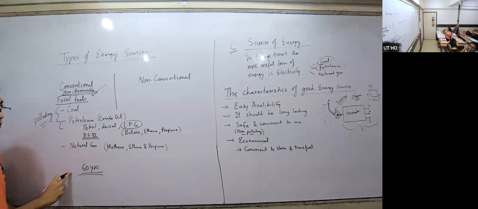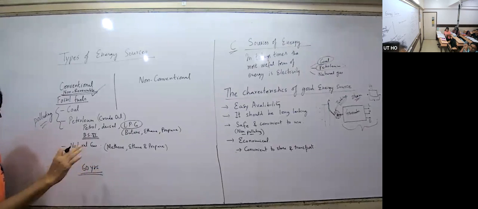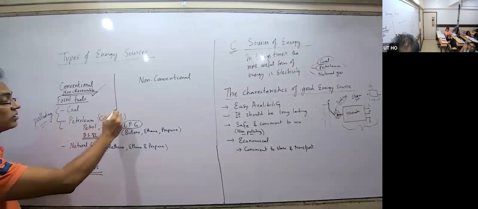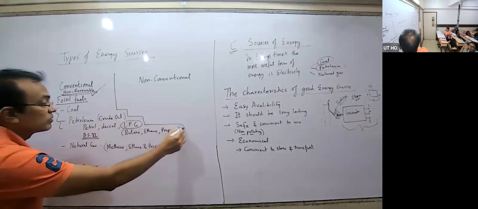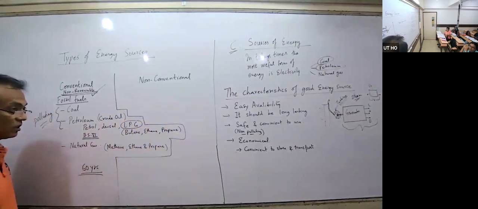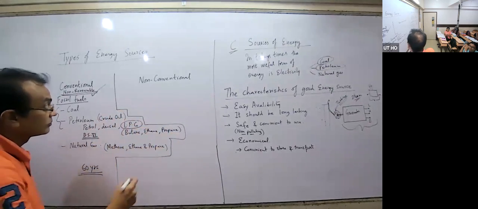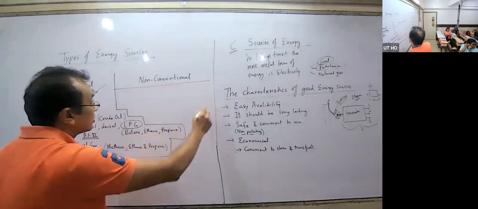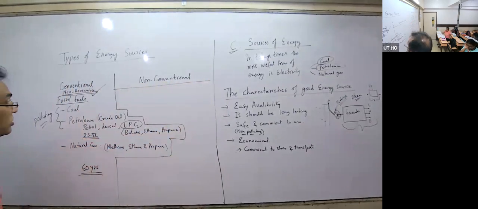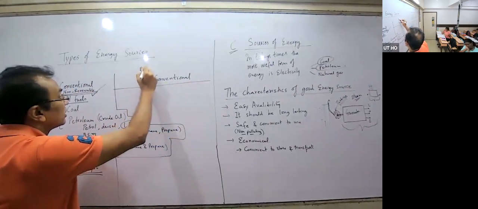So we have to think of some alternative sources of energy. Right? We don't have a choice. We have to look for alternative sources of energy, because we have to run our trains, cars, automobiles, everything. How will it run? So what are the non-conventional sources of energy? Which is also called renewable energy.